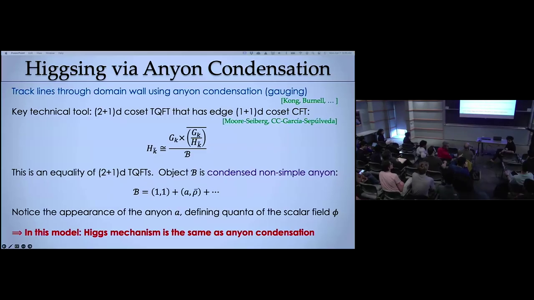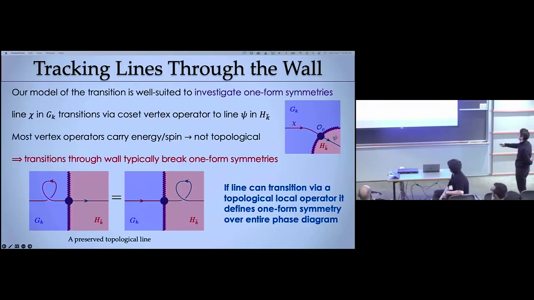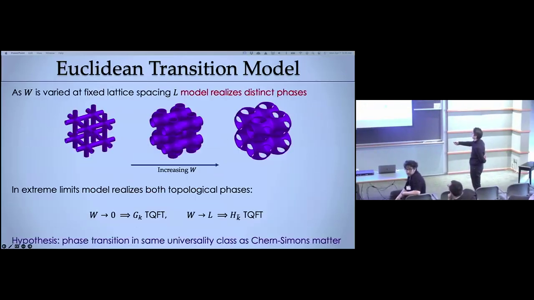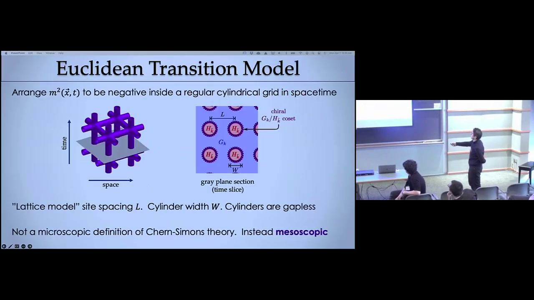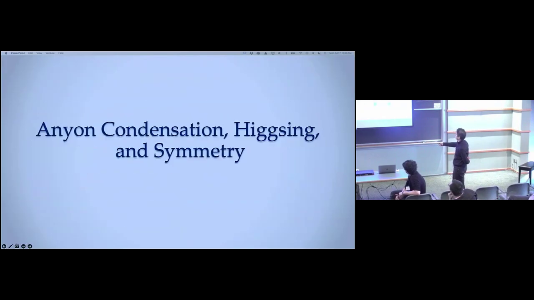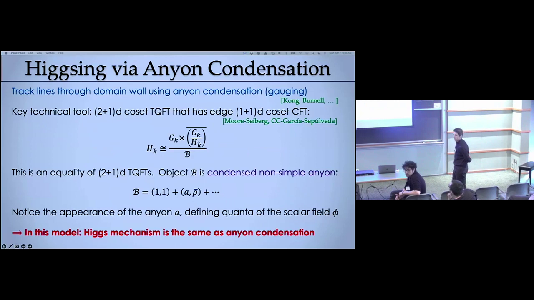Yeah, but this is just a way to track the lines through this domain wall network picture. So the point is that this domain wall network is engineering that anyon condensation. But are you saying that the critical point, if it's second order, is the universality class of the original transition the same as the universality class of this bigger TQFT to HK tilde transition?